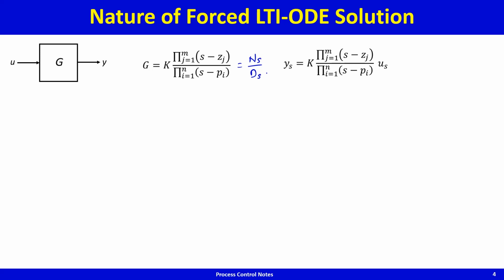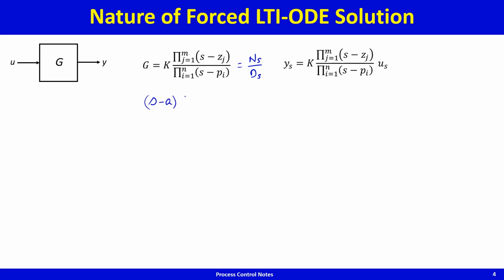Because these coefficients are real, therefore the roots of these polynomials can be real distinct, maybe real repeated. What I mean by real distinct is, for example, s minus a is a factor.